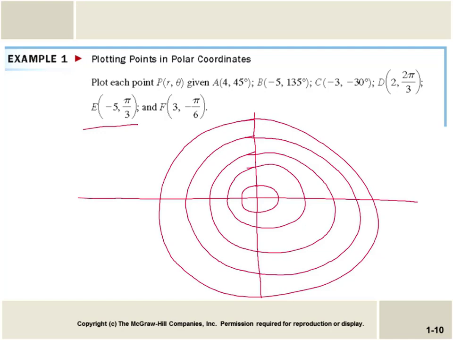So, okay, I see what you're saying. So pi over 3 is in quadrant 1, right? So we'll call this pi over 3. What is it in the third quadrant?